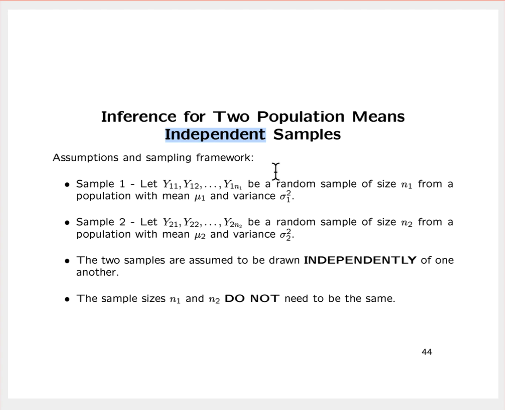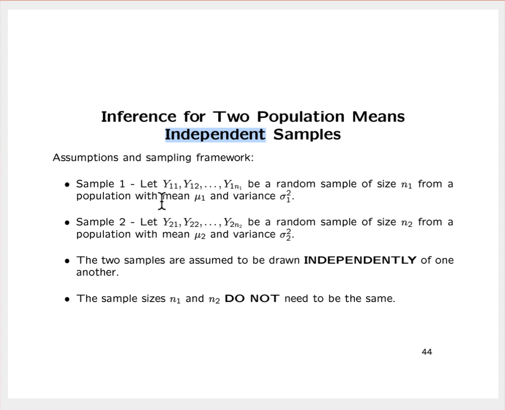And so in this section, we're going to be using the letter Y to represent the response variable for both of our samples. But because we have 2 samples, we're going to use double subscripting to identify which sample and which observation within a given sample that we are talking about.